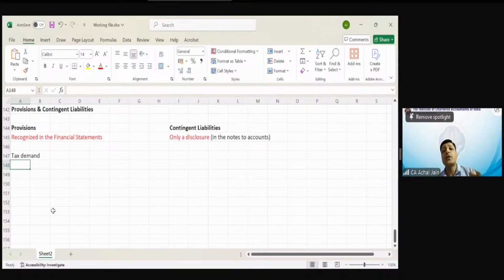In such a case, what do you do? When there is a tax demand and the company is of the analysis that there are good chances that this demand is going to fall on the company, the company will recognize this.